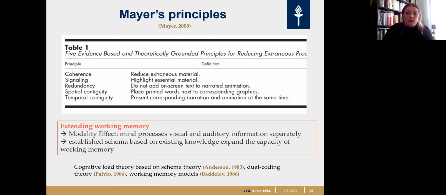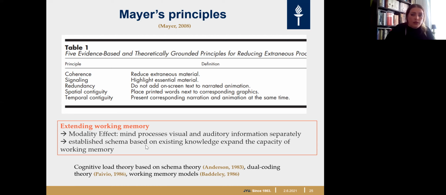Then there's Mayer's principles. He's the other highly cited grand old man of cognitive load theory, and he has published these different multimedia principles of decreasing cognitive load already maybe 2 or 3 decades ago. But this is a newer article because in this one there are evidence-based and theoretically grounded principles for reducing extraneous processing of cognitive load.